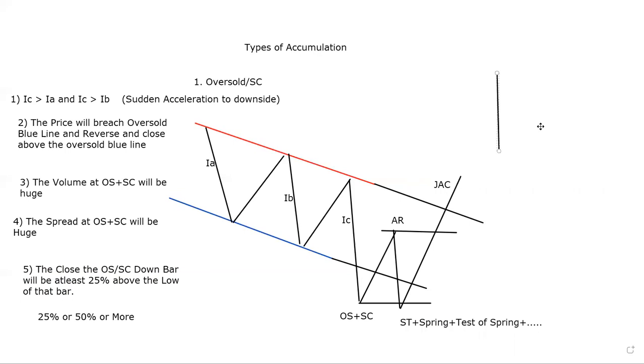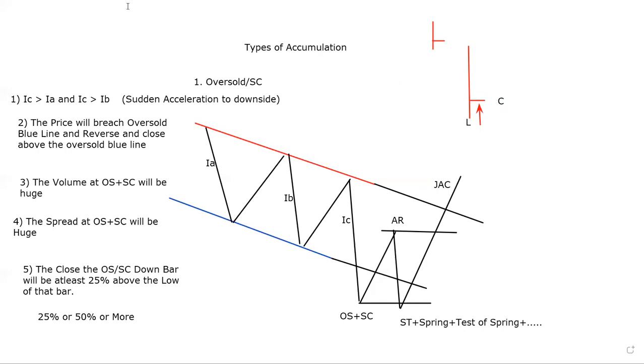If this is a huge down bar, let's make it a red bar. Red means a bearish bar. This is the close of the bar. This is the previous bar and this is this bar, so we have two bars. This is the low of the bar and this is the close of the bar.